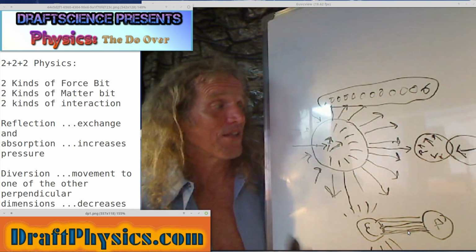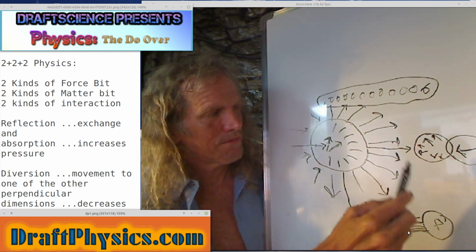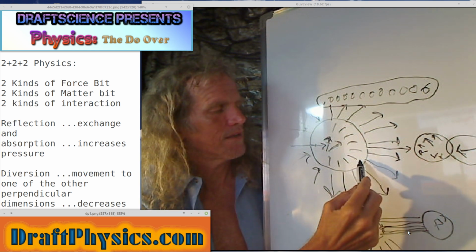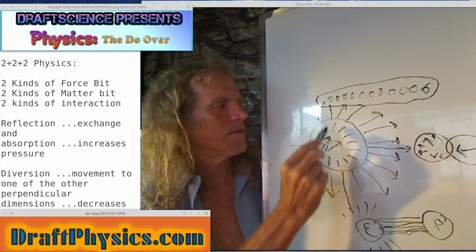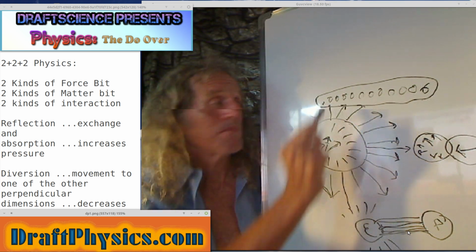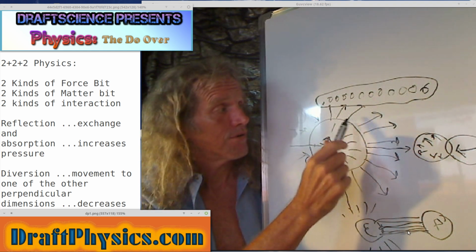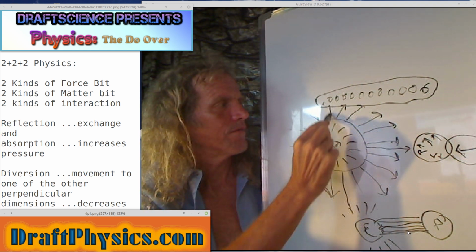Yeah, I think that is okay the way I said that, but it doesn't really matter. The point to understand is that the gravity is returned to space. The force that's absorbed is returned in any one of these directions.